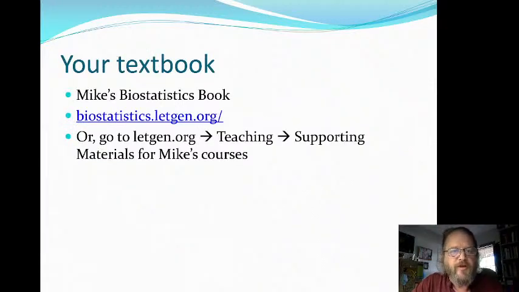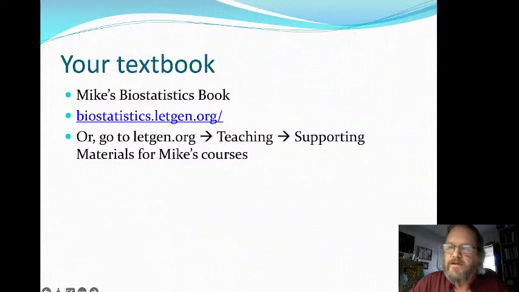Okay, so let's talk about your textbook. Your textbook is called Mike's Biostatistics Book. Not the most imaginative title ever, but the website link is biostatistics.letgen.org. Letgen.org is my personal and research website, and so if you forget the link, one of the things you could do is just search Google for Mike's Biostatistics Book, and that'll pop up for you.